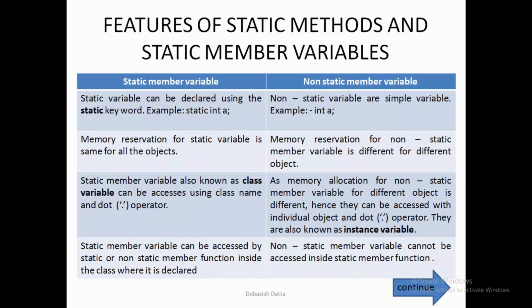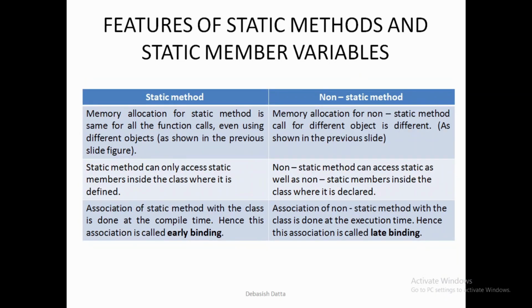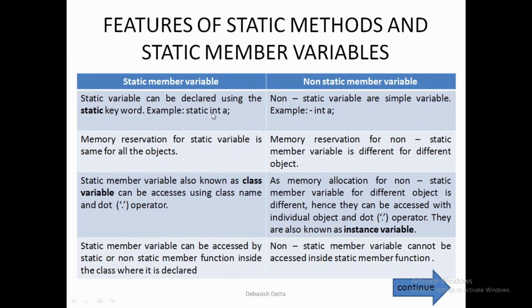But here in this slide I have discussed these features in the form of a difference between static and non-static, both for the member variable and the method, as you can see here. This will help you to understand how, feature by feature, a static member variable or a static method is different from a non-static member variable or method. Let's start from the first point.